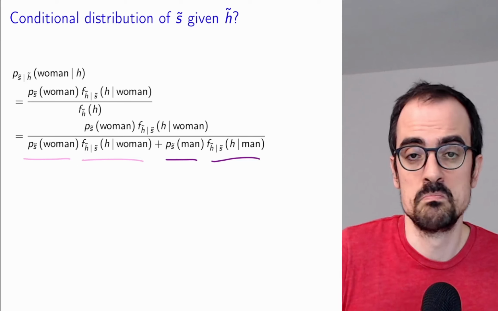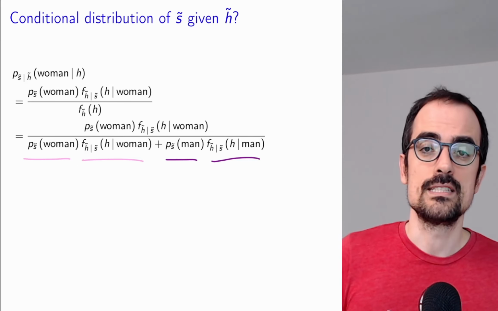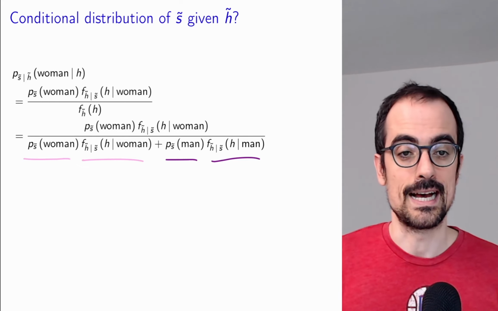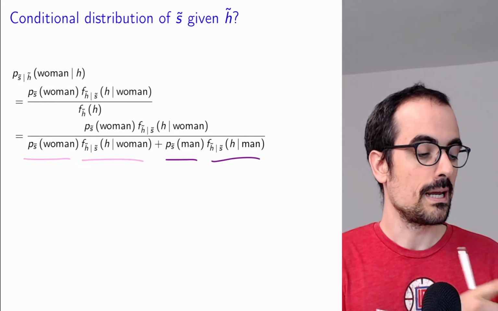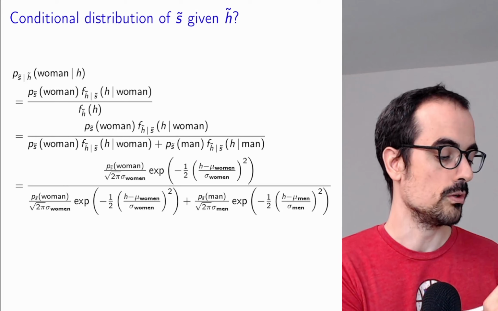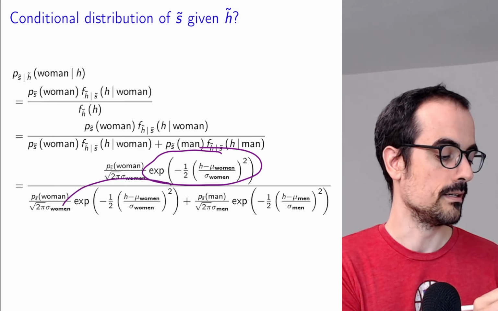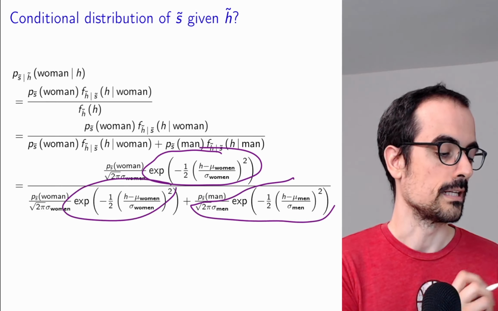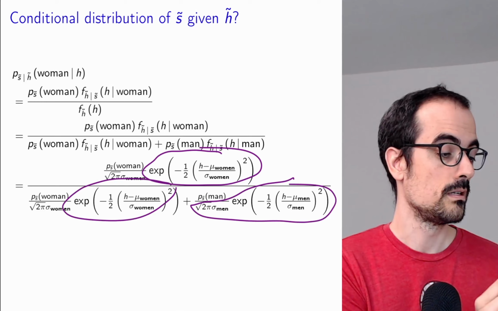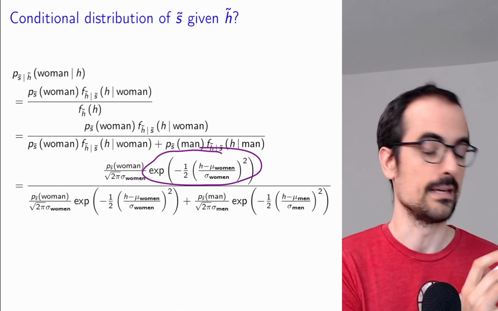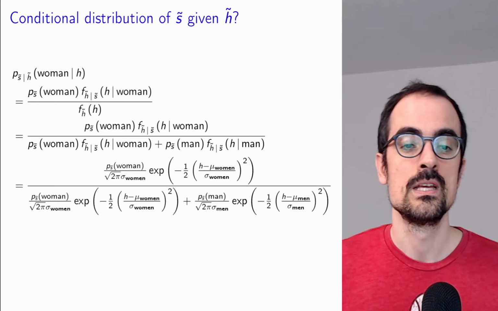So now we just compute this and we get our estimate of the probability of woman given height. When we plug in everything we have, notice that here we're plugging in the Gaussian PDF weighted by the different probabilities of women and men.